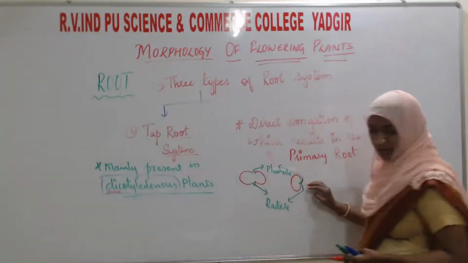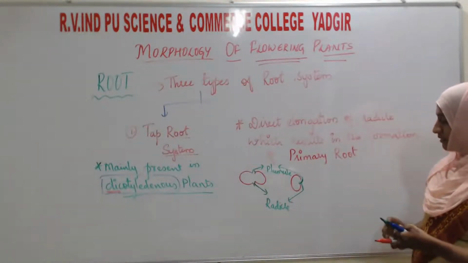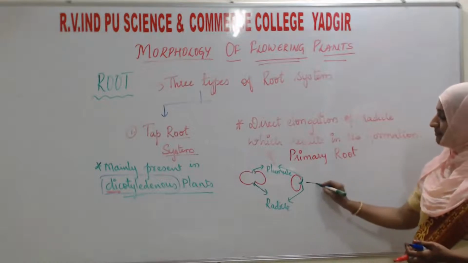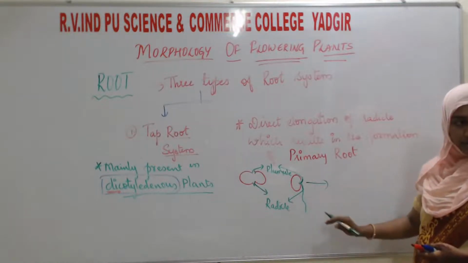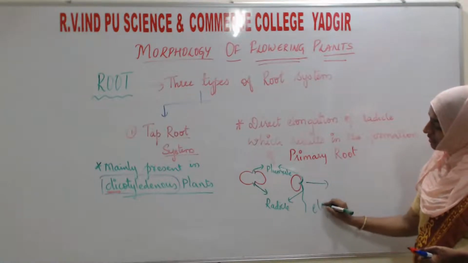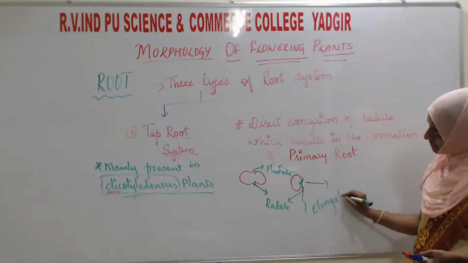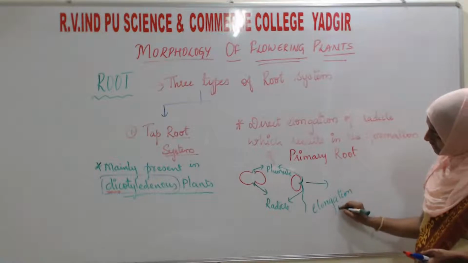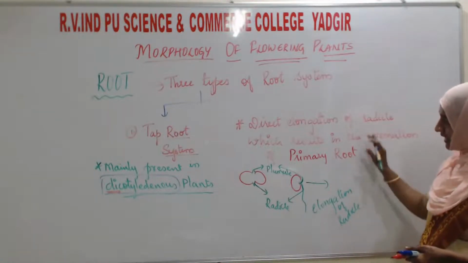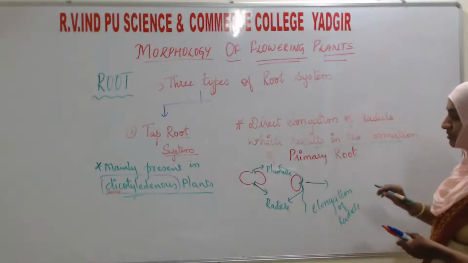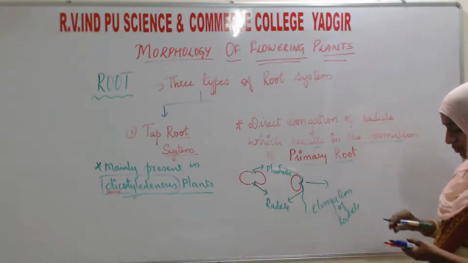This radicle will further grow. There will be elongation of radicle, direct elongation of radicle, which results in the formation of the primary root.